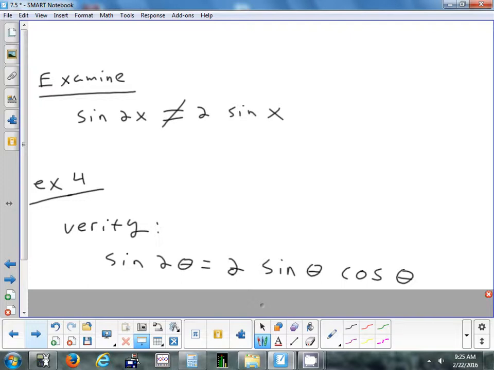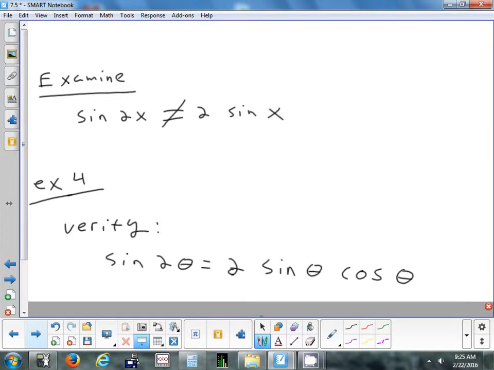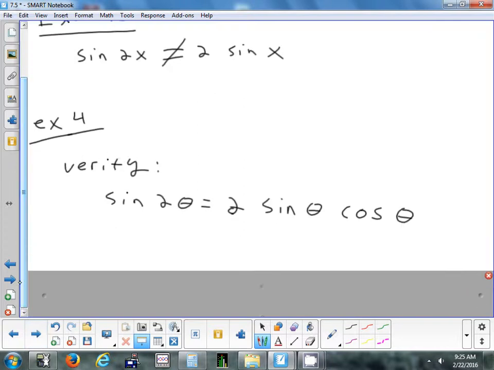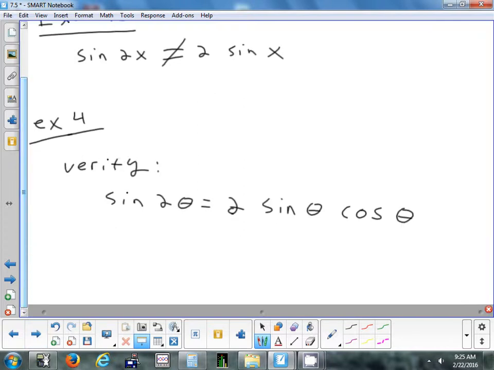But that's what sine 2 theta equals. Somehow it equals 2 sine cosine. So if you want to get rid of this 2 next to theta, you can do it, but look what happens. It gets kind of complicated to get rid of the 2's next to thetas. Can anybody think of a way you can write 2 theta?